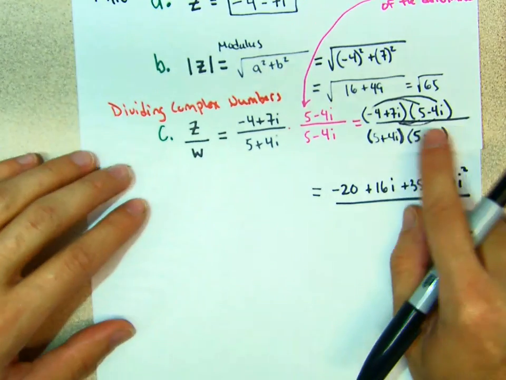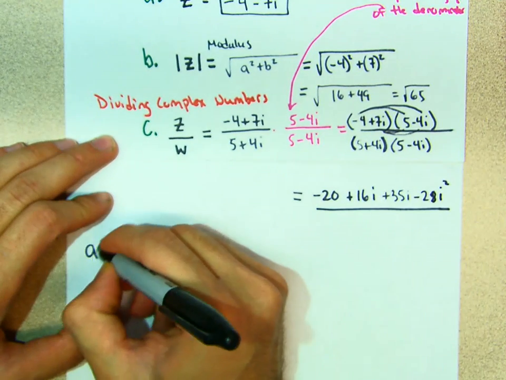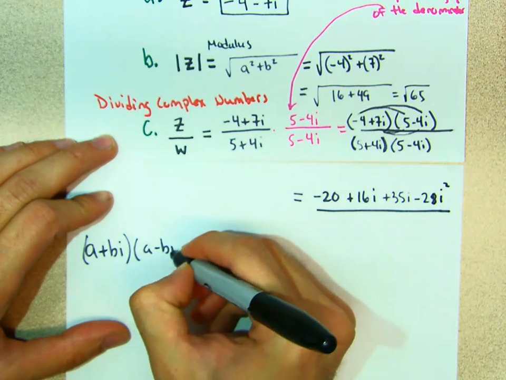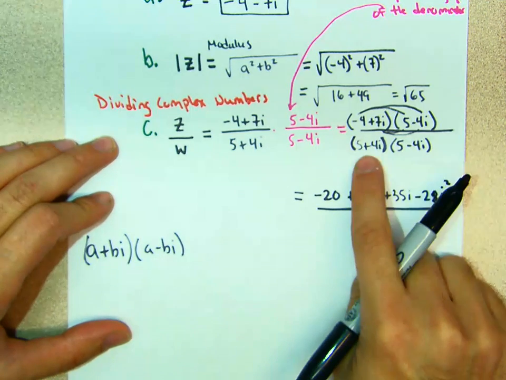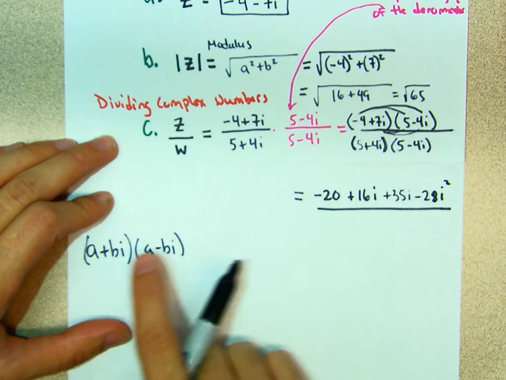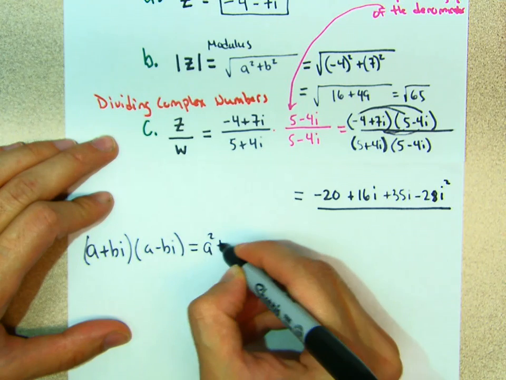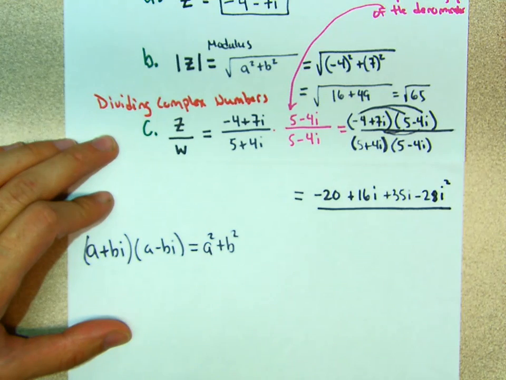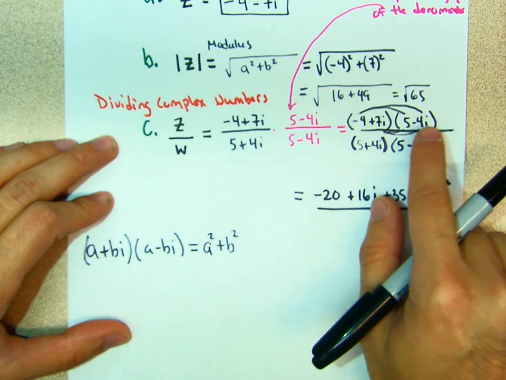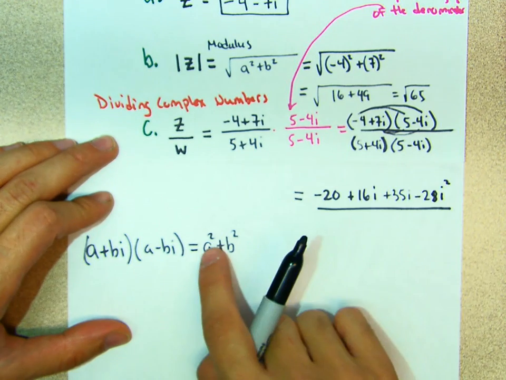But what's nice about this is if I have some a plus bi times some a minus bi, you see here, this is a complex number, and this is its conjugate. It will always equal just a squared plus b squared, every time. If you FOIL this the same way we FOILed the top, it'll be the same as just taking, what's my a?